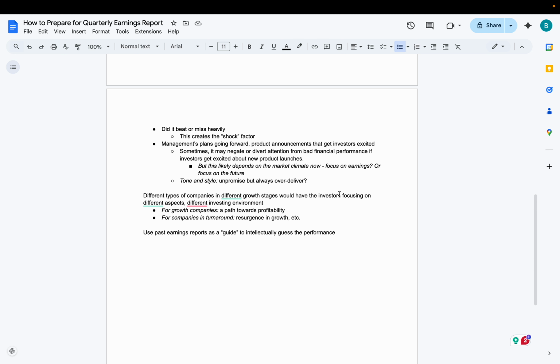I think this was the case back in 2022 and 2023, where there was a lot of focus on profitability for all these growth companies after the COVID boom, right? Those companies that do not show profitability are probably still trading at share prices way down from the post-COVID highs, even up to today, where the overall index has already been trading at all-time highs, right?